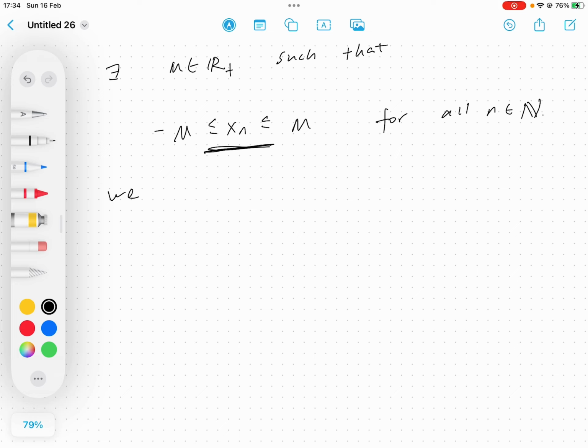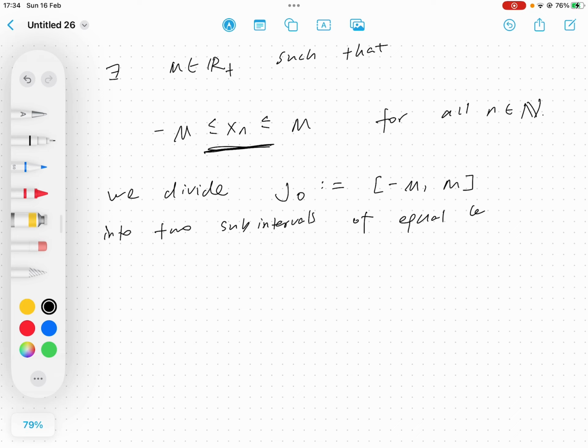So we divide J0, defined as this closed interval, into two sub-closed intervals of equal length. One of those will be from minus M to 0, and the other from 0 to M, right?